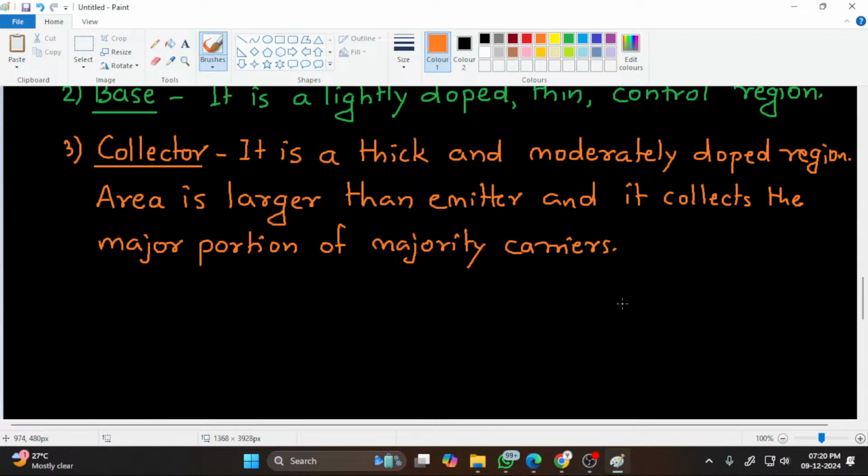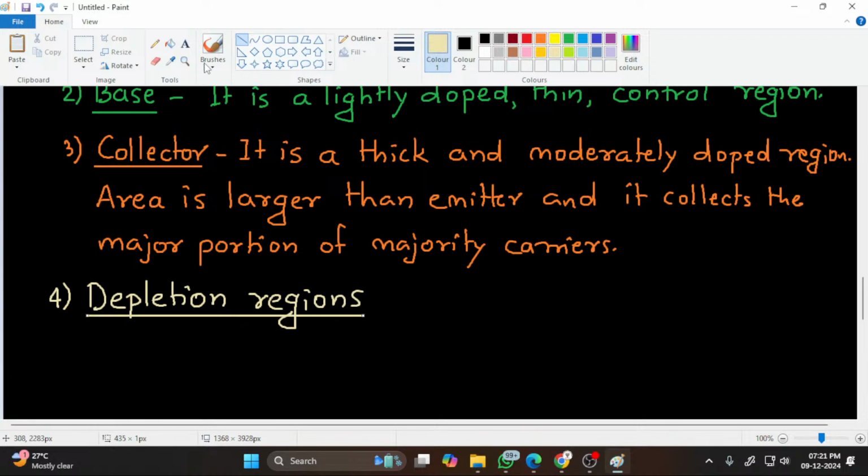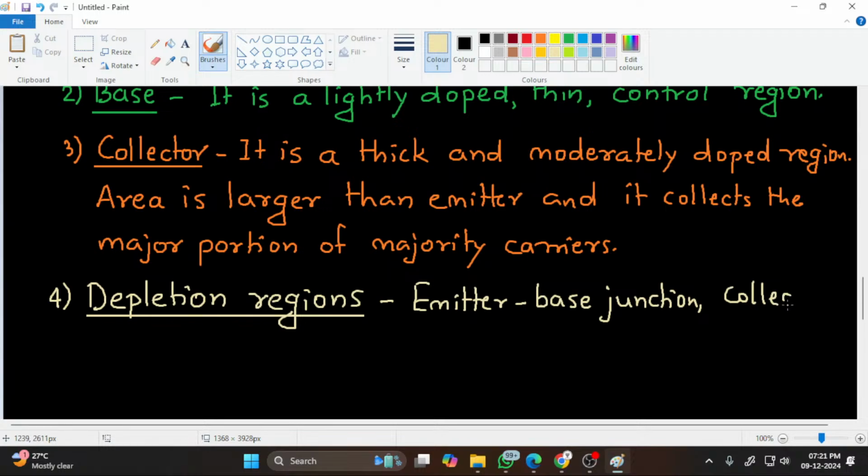Depletion region means the regions where the carriers are not present.